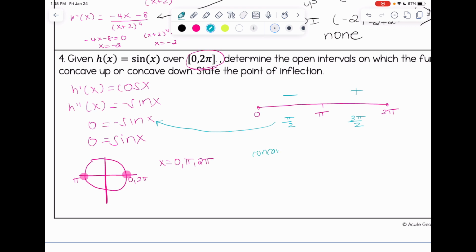That tells me that I am going to have a graph that is concave down from 0 to pi, concave up from pi to 2 pi, and our point of inflection where it changes would be pi. Then I'm going to plug pi into the original function, which gives me 0.